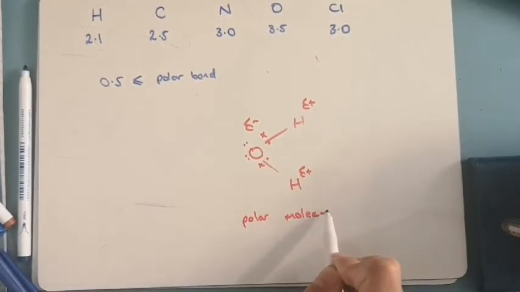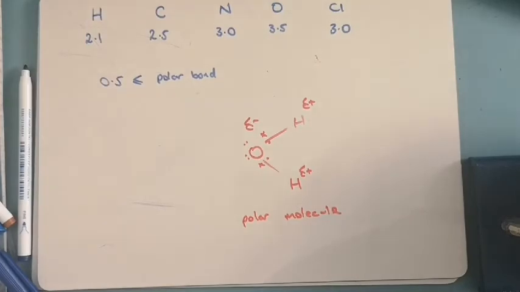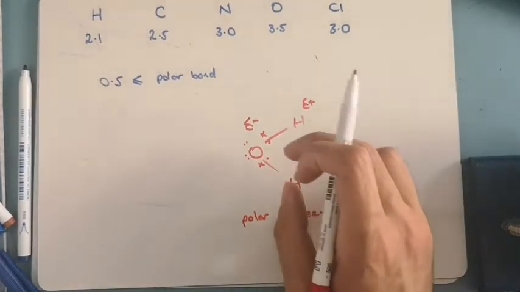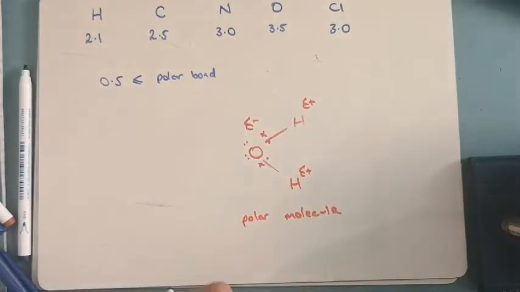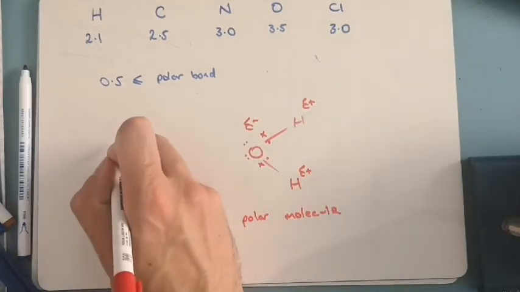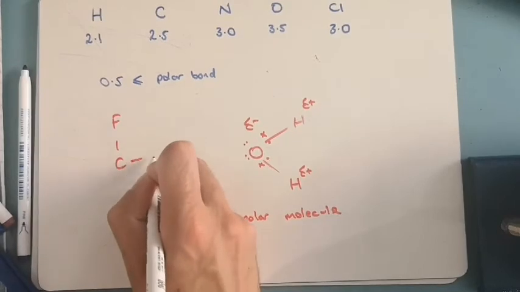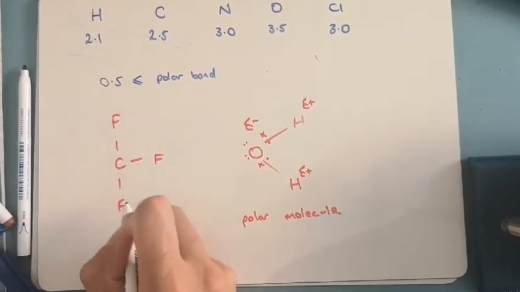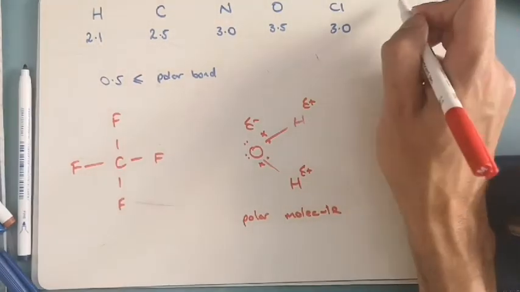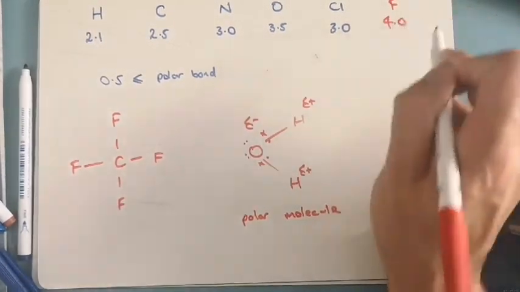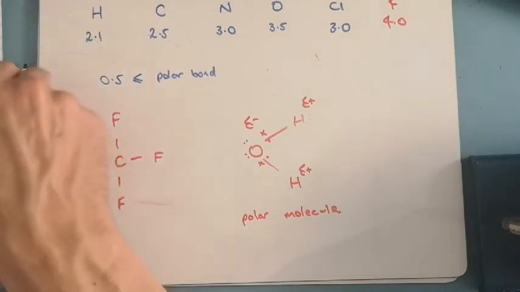Not all molecules with polar bonds become polar molecules. Because this is uneven, that's absolutely fine. We've got a positive side and a negative side. In something, let's say, carbon and fluorine, nice and tetrahedral, but all even, all the way around. Fluorine, the most electronegative atom, is 4.0.